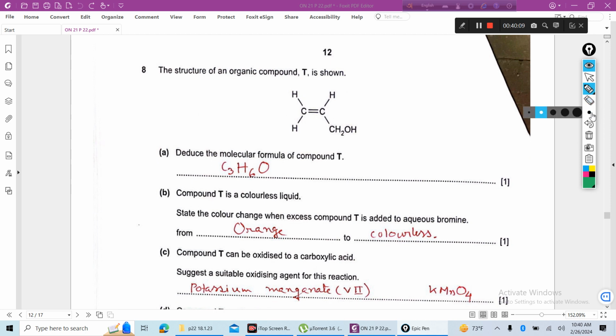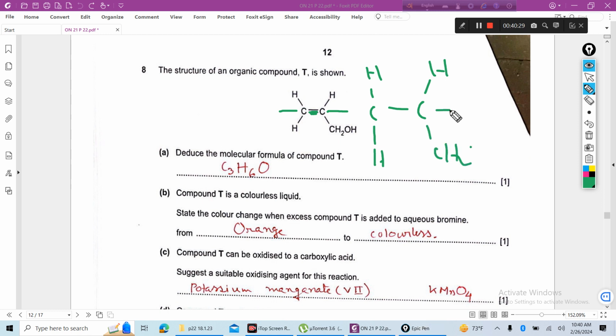So this double bond will become a single bond, one bond will be open on the left hand side, the other bond on the right hand side, then another molecule will be added like this, CH2OH. This will be a single bond.